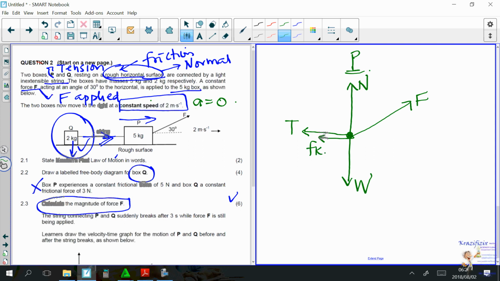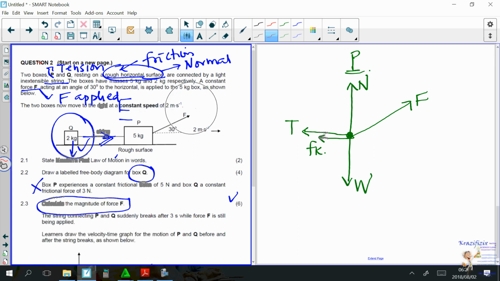All right, guys, this is quite important. We need to learn how to resolve. Now, I'm going to use a red ink here just to show us the resolving. Let me clean all of this for clarity. Here, I've got my horizontal and my vertical. My vertical will be Fy and my horizontal will be Fx.